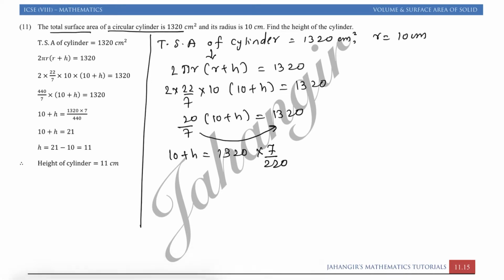I have done a calculation error over here. 22 into 20, 440. So it will become 440. If you cancel, you will get 440 into 3, so 10 plus h is equal to 21. So h is equal to 11 centimeter. So height of the cylinder is 11 centimeter.